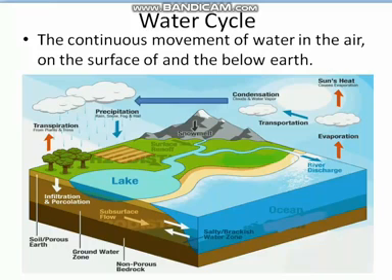Evaporation is simply when water in the liquid form gets converted into its gaseous form by the action of the sun's heat. And transpiration and respiration are the biological activities which add these water vapors into the atmosphere. So these are the main sources of water vapors into the atmosphere.